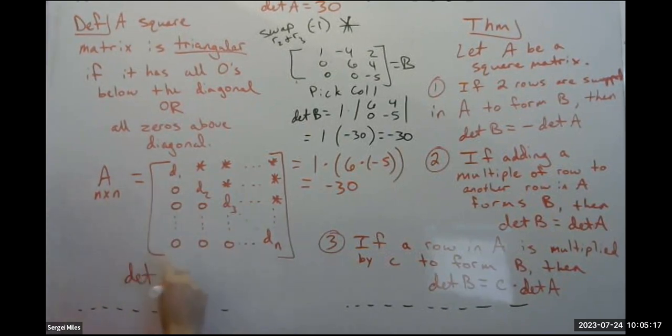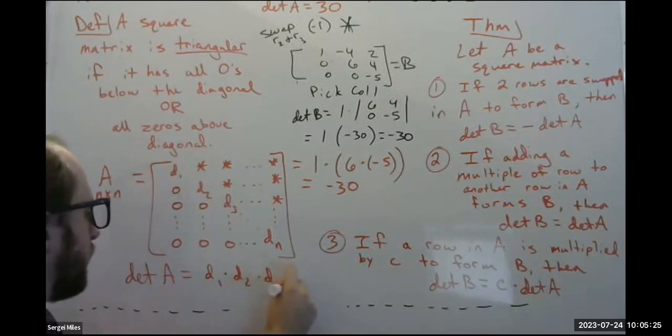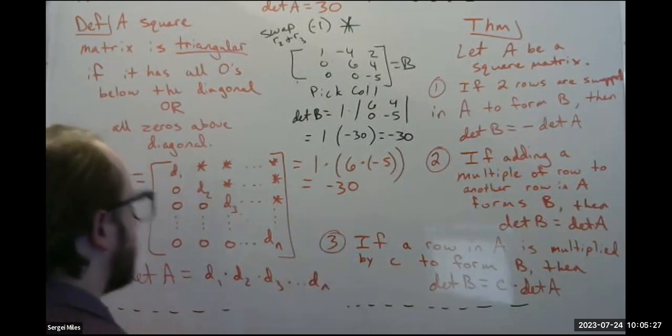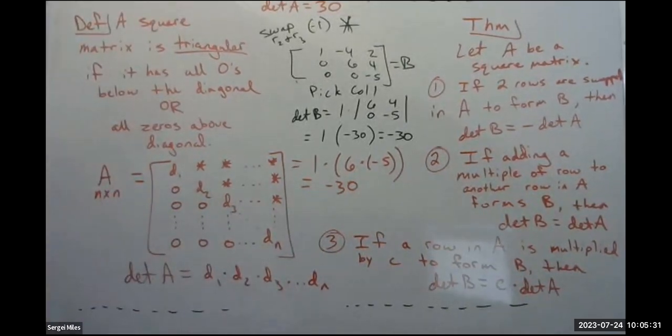Well, because it's triangular, the determinant is taken just by multiplying the diagonal. Just by multiplying those entries, no matter how big the matrix is. So this can sometimes be a very quick and nice methodology for finding a determinant, right? We can use this here.